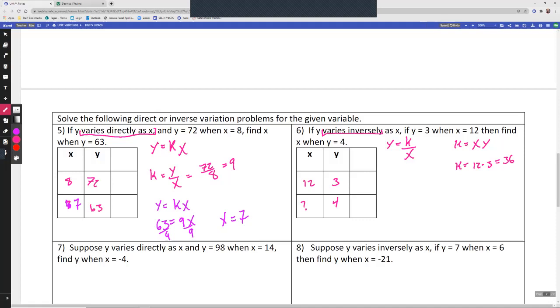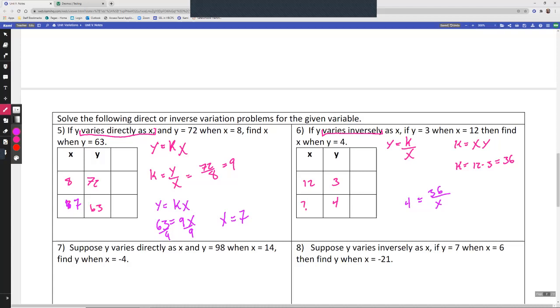And so we're going to use this k value to find our new x. So we have y equals k over x, 36 over x. Instead of having that y though, we have a y value that we can use, which is 4. So we're going to use that instead. 4 equals 36 over x.